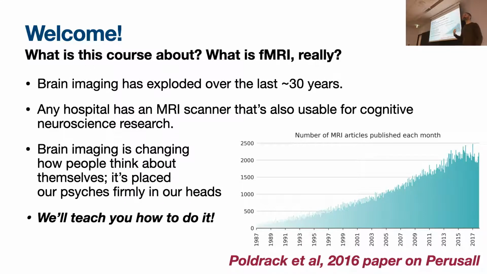And this is not a trivial thing, right? So where do we place our minds? It's been a philosophical question down the ages. Like people at some point thought that the brain was convoluted like that so it could exude heat more efficiently, right? So placing our psyches, our minds in our heads, this firmly, you can actually credit MRI with that.